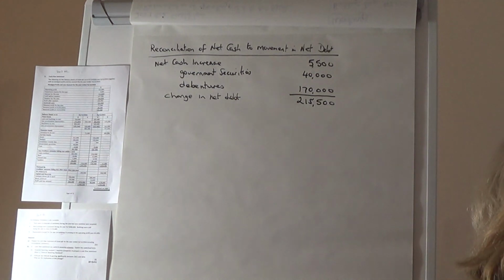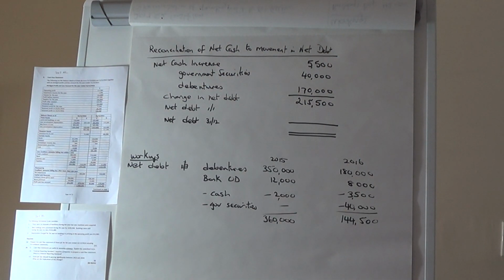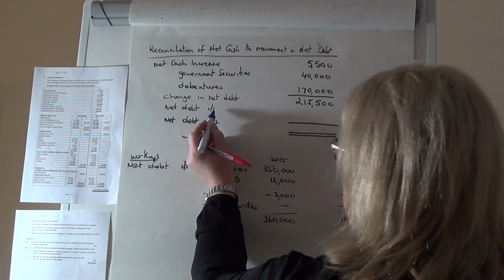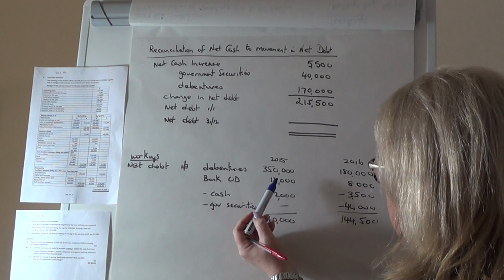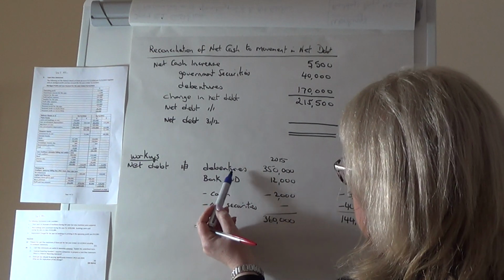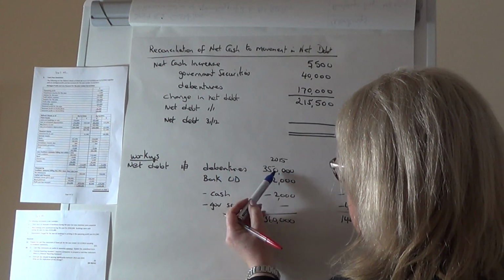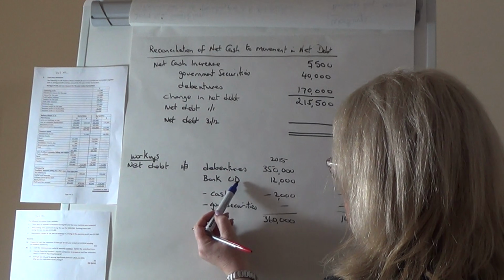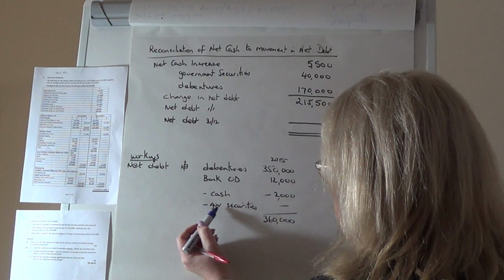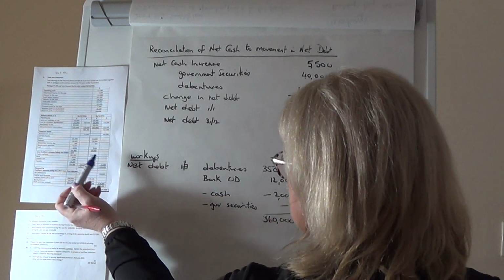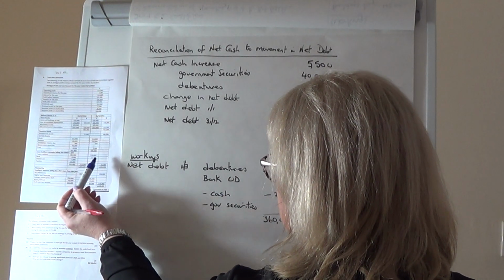Change in net debt. So the net debt opening is made up of your debt, obviously your debenture loans, 350,000, your bank overdraft was 12,000, minus any cash or cash equivalents, so minus the 2,000 that was there in cash. Again, I'm just picking these up in the balance sheet.